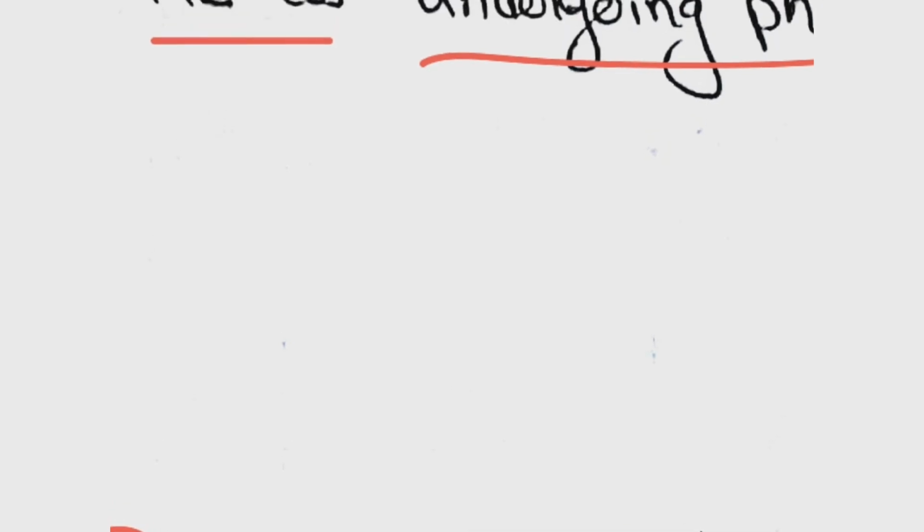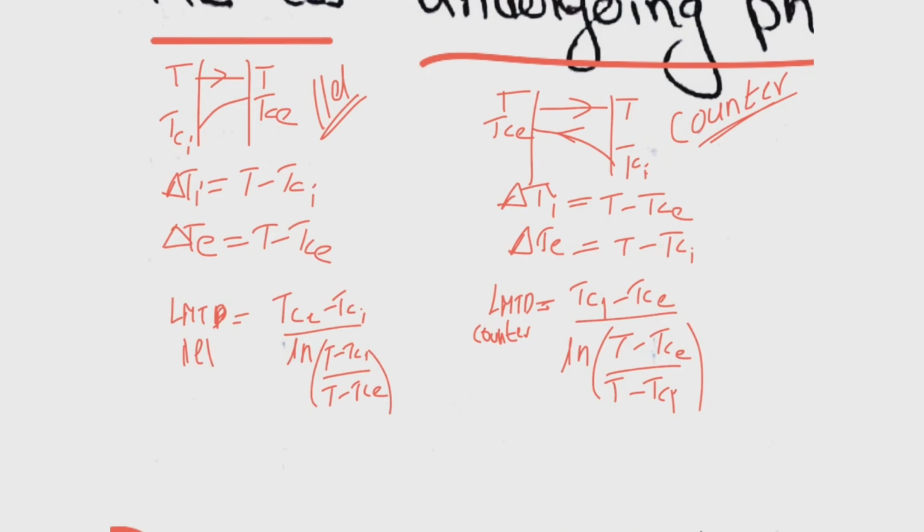Let us solve for parallel flow first. In case of parallel flow, the hot fluid will be at high temperature T and the cold fluid will be flowing from TCI to TCE in the same direction. Therefore, delta Ti is nothing but T minus TCI. Always remember that inlet should be the inlet of the hot fluid.